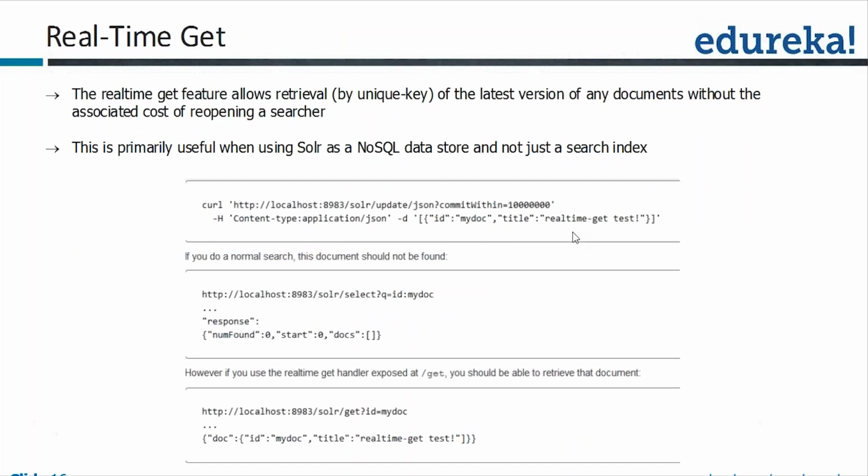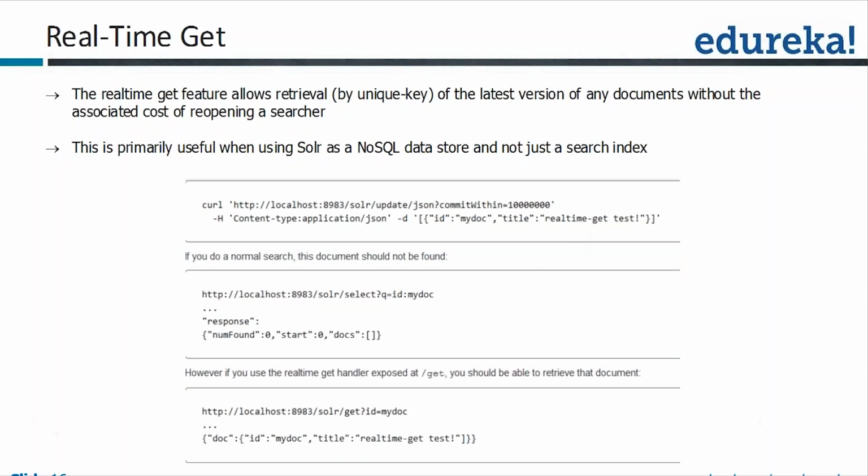Okay. Similarly, we have the real-time get, which basically enables you to fetch a document with its ID. So real-time get is like, as soon as you push in a document, and if you want to fetch the document using its ID, you can do that by retrieving it from its unique key.